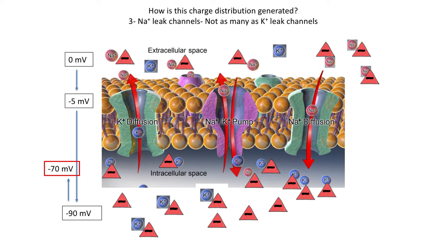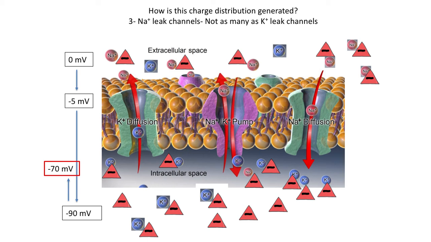Let's see what we have in this image. We have the sodium potassium pump, the potassium leak channel, and now the sodium leak channel. And I've already moved some of these potassium ions outside. So now we are at this number.